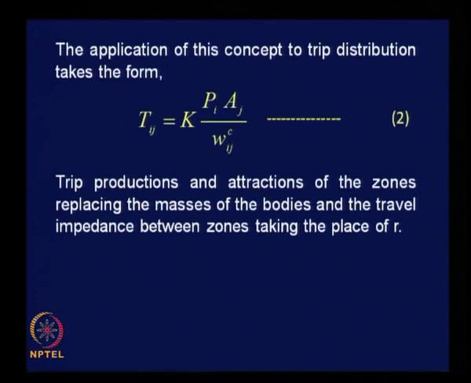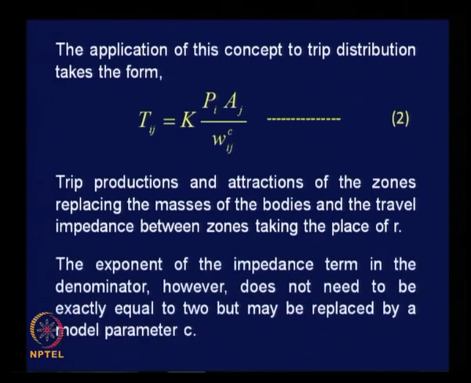That is what we have done. We have just substituted Pi and Aj for m1 and m2, and r squared is replaced by Wij raised to power c. The exponent of the impedance term, the denominator, however, does not need to be exactly equal to 2 as I said, but may be replaced by a model parameter c. That is what we have done. Clear?